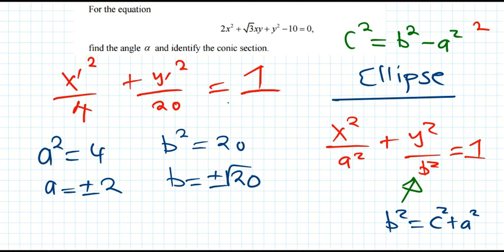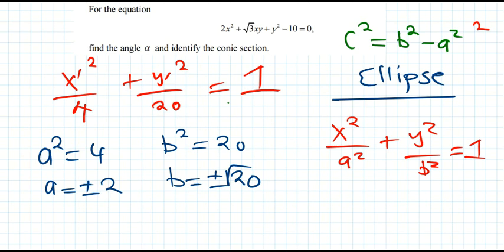This is for the case of an ellipse. When it comes to the other case, it's actually c squared is equal to a squared minus b squared, or b squared is equal to c squared minus a squared, but this is a different case.